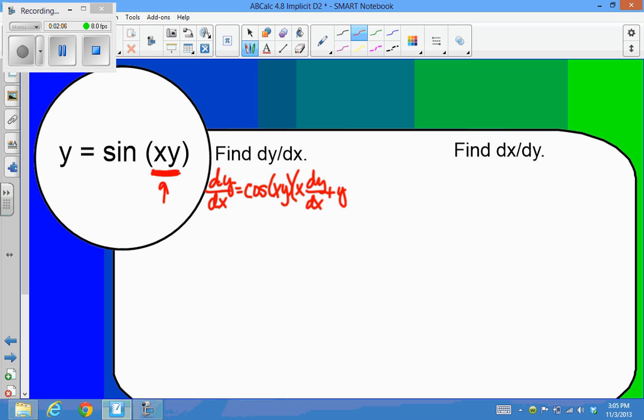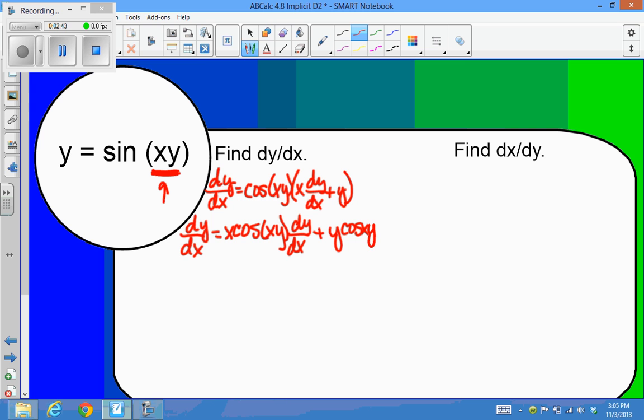But we're doing this with respect to x, so I do not need my dx. dx is going to go to 1. Okay, distribute through, and I have dy/dx equals cosine. When I multiply cosine xy times x dy/dx, that's x cosine xy dy/dx. Then I distribute it over to the y, so that's plus y cosine xy.